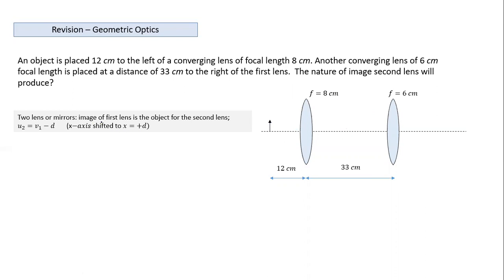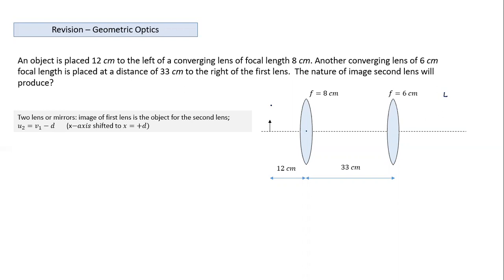If two lenses are given, or it could be one lens and one mirror, or two mirrors, in all cases where two are involved, whether reflection or refraction takes place through both and the final image is formed, the image of the first becomes the object for the second. The only thing we need to take care of is the object and image positions, because their optical centers are not the same. I cannot substitute directly.